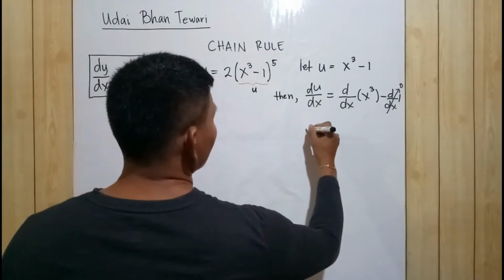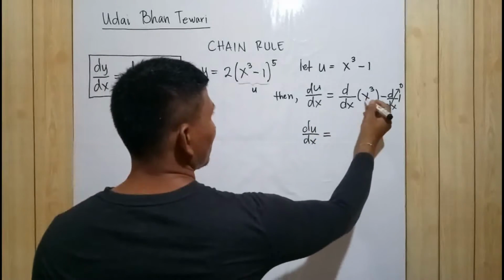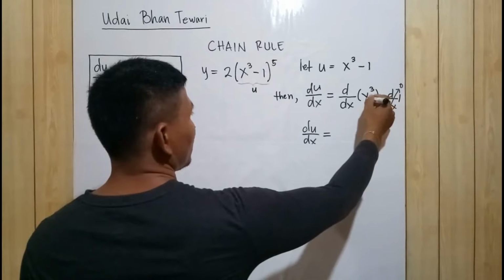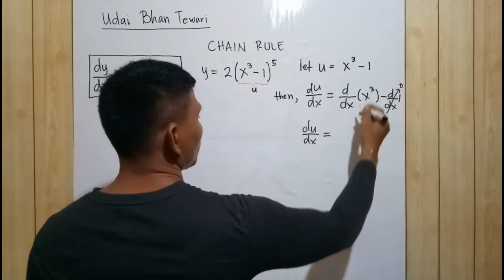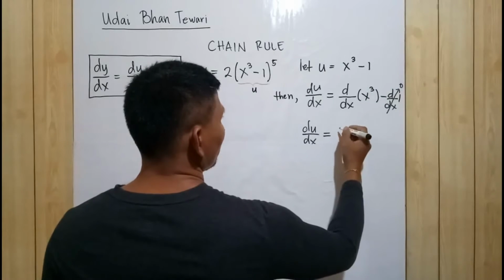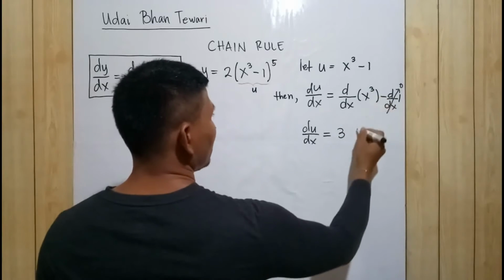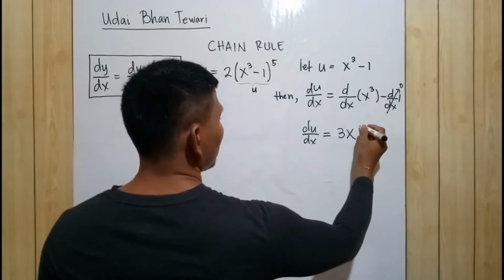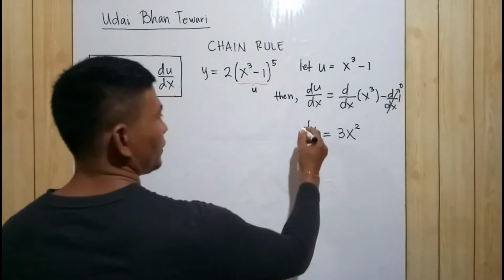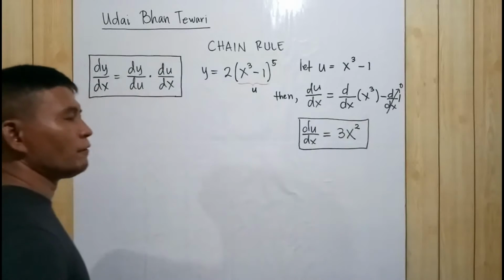We now have du/dx equals the derivative of x cubed, where the rule in differentiating a value raised to a power gives us the exponent 3 as the coefficient, then x, and then the exponent less 1, so 3 minus 1 is 2. Therefore our du/dx is 3x squared, but that is not yet our final answer.